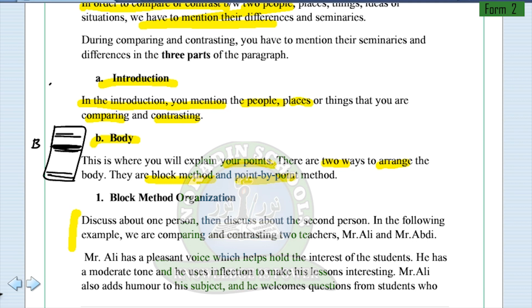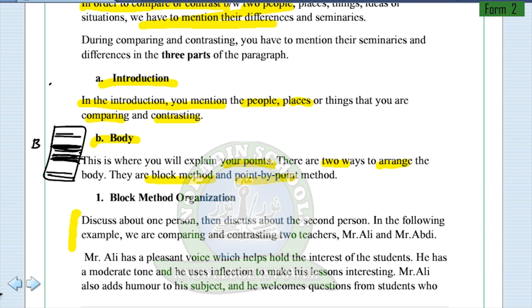When I finish all the information, I'm going to write a full stop, and then I will start the other thing, or the other person, or the other idea, which I am comparing here. This is block organization. Here is only the one thing, and the other thing you are writing in here. For example, if I am comparing Somaliland and Somalia, here I'm going to write Somaliland, and here I'm going to write Somalia. I'm using the block method.